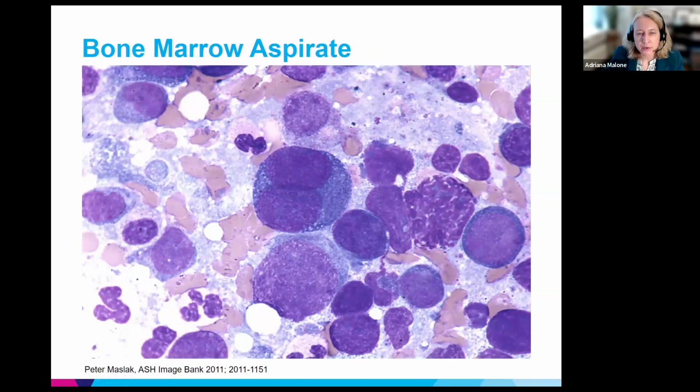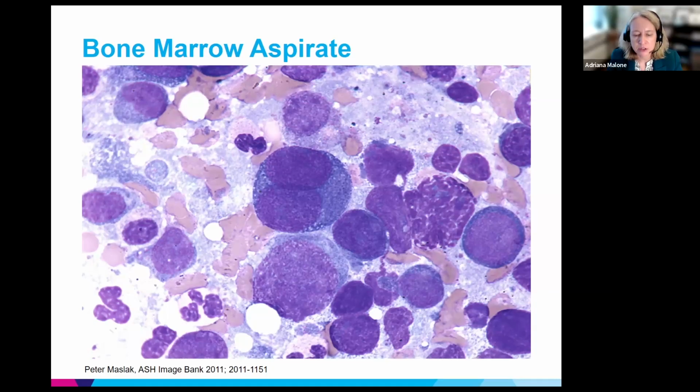You can see binucleated cells. Here on this slide, we can see evidence of dysplasia in the erythroid lineage with evidence of multinucleated cells and dysynchrony of maturation of the cytoplasm and nucleus.